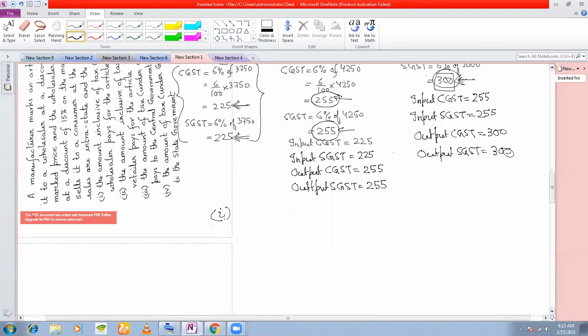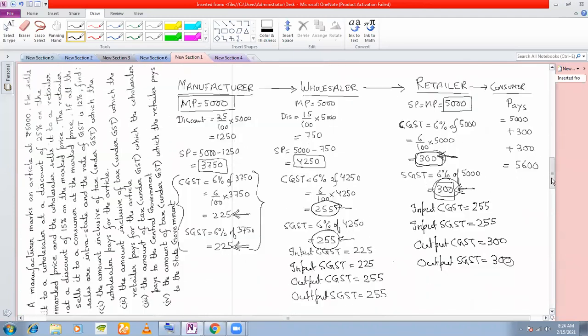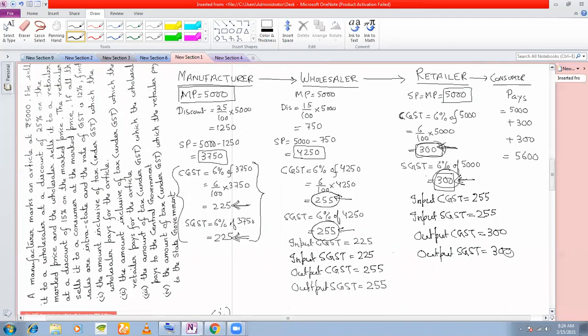Find the amount inclusive of tax under GST which the wholesaler pays for the article. Now, how much does the wholesaler pay for the article? The wholesaler pays first of all the selling price of the manufacturer, right? Selling price is 3,750.